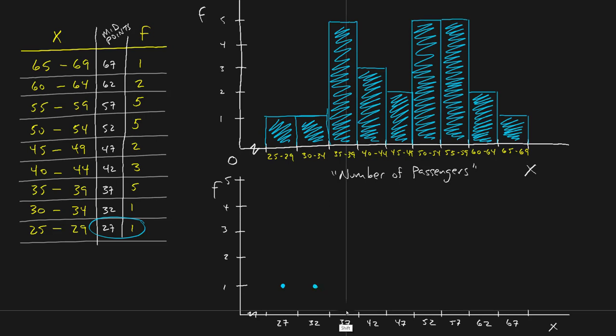And then 37 has a frequency of 5. And so that's going to be right up here. 42 has a frequency of 3. 47 has a frequency of 2. 52 has a frequency again of 5. 57 has a frequency of 5.